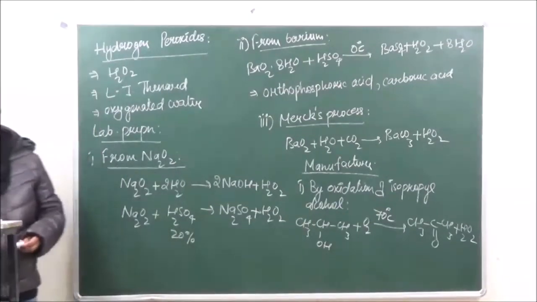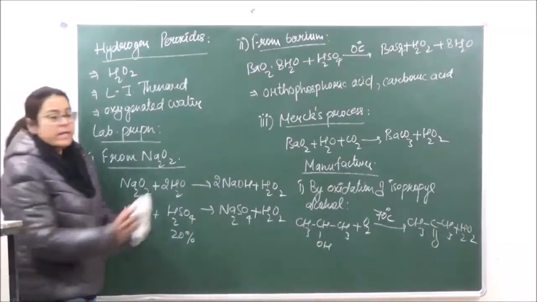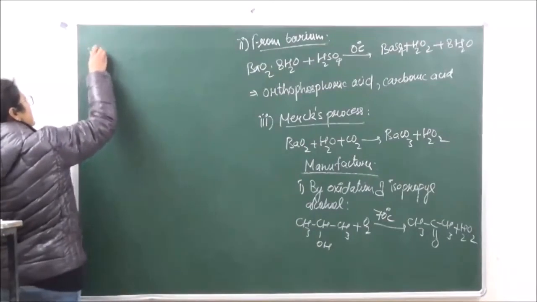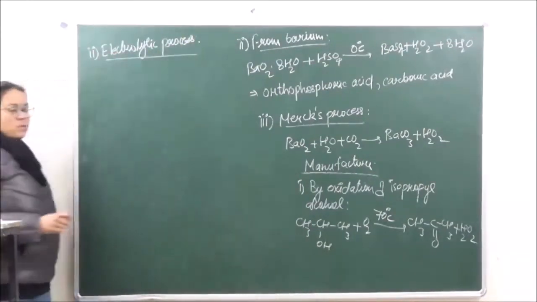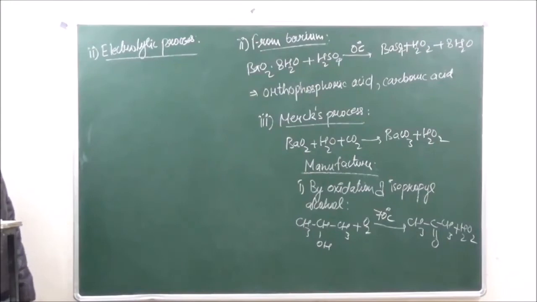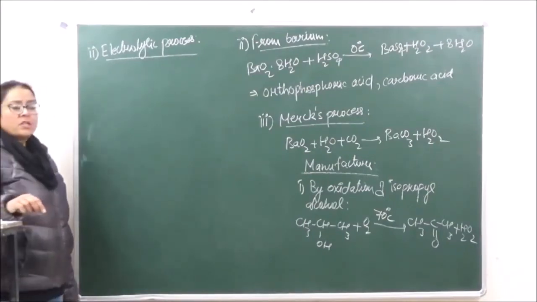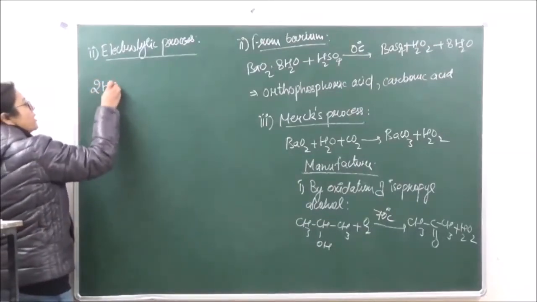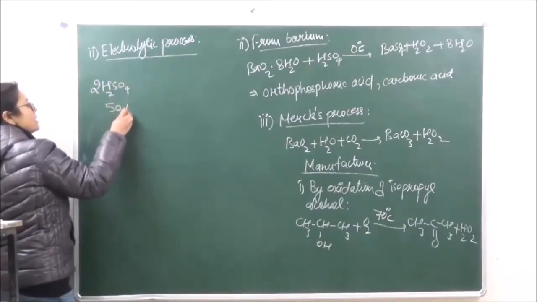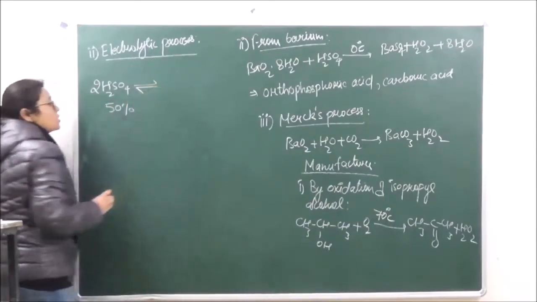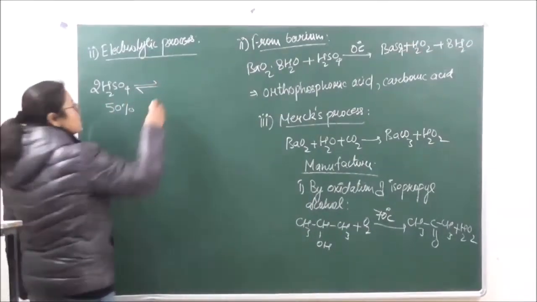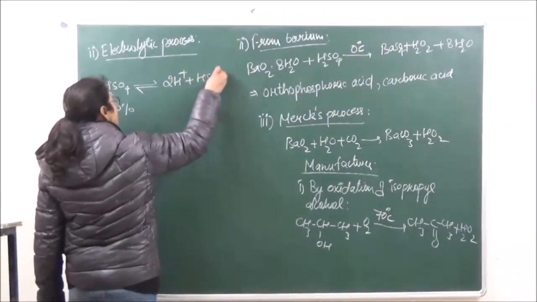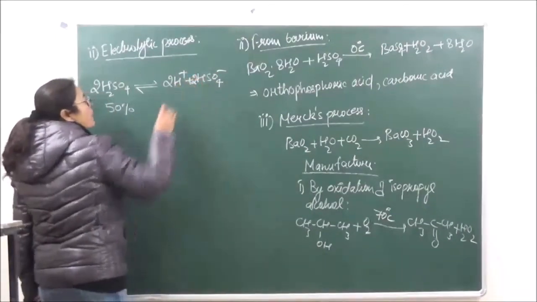The second method is a more prominent method, which is the electrolytic process. In this we are going to take 50% H2SO4 and we are going to electrolyze it. So that is going to dissociate into 2H positive plus 2HSO4 negative.